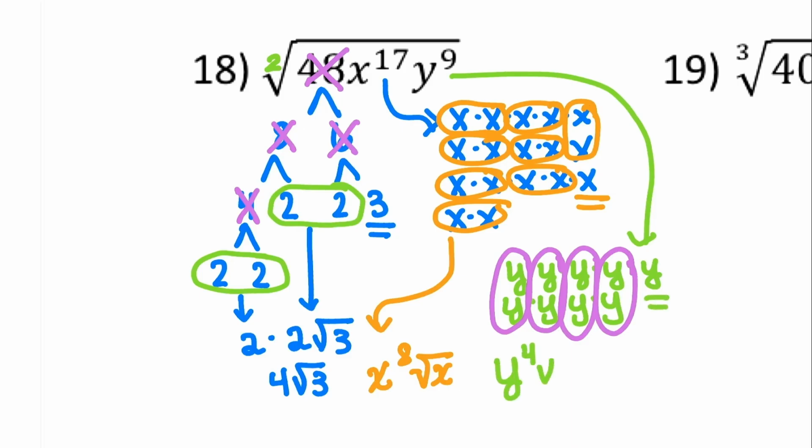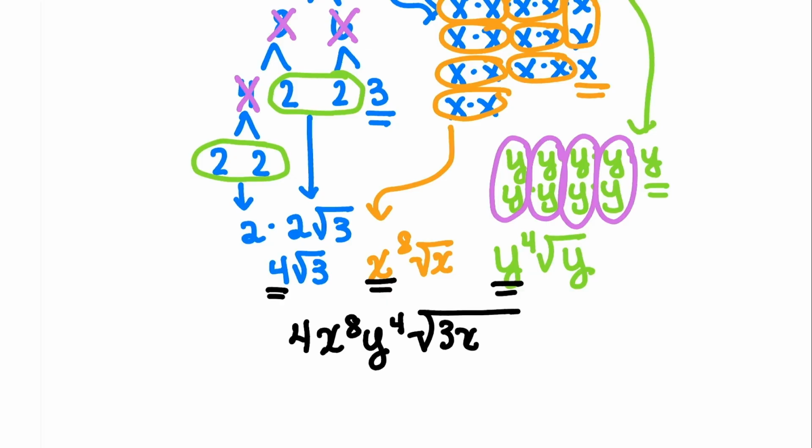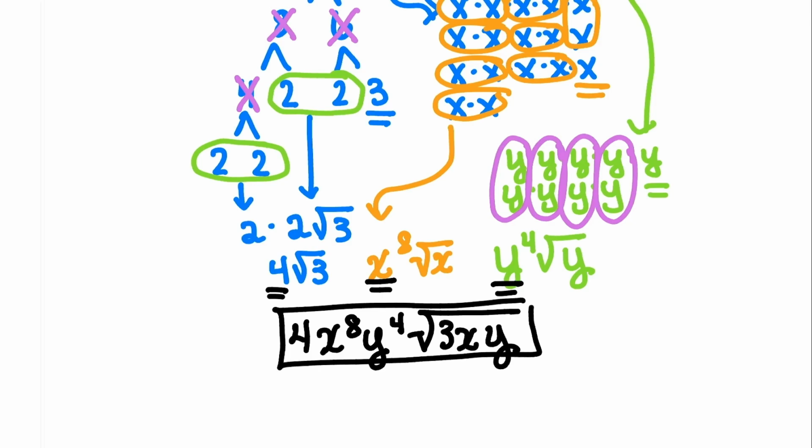This guy is all by itself, and that's a radical. Now we can write all of these together in one line. We are going to have everything outside of the radical, which is a 4, an x to the 8th, and a y to the 4th. And everything inside of the radical just gets multiplied together, 3xy. So this is our final answer here.